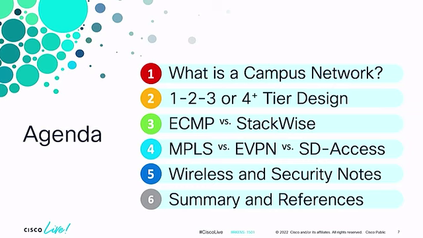We'll take a look at some of the new campus architectures that we have, right? Except MPLS, of course, that one's been around for a long time. But EVPN, SD Access, again, where I've worked for the last 5 or 6 years. We'll take a look at those. We'll touch briefly on wireless and security, and then we'll just have a summary at the end. So this is what we're going to cover in today's session.